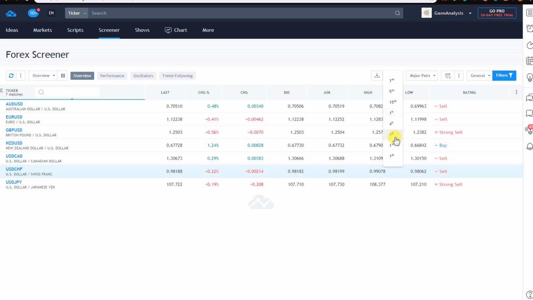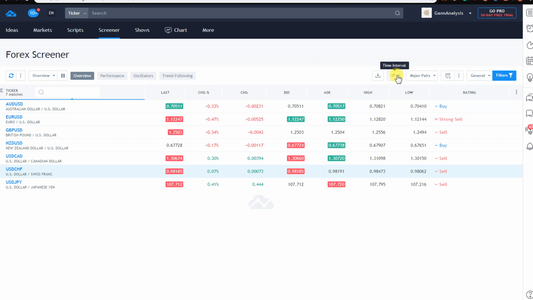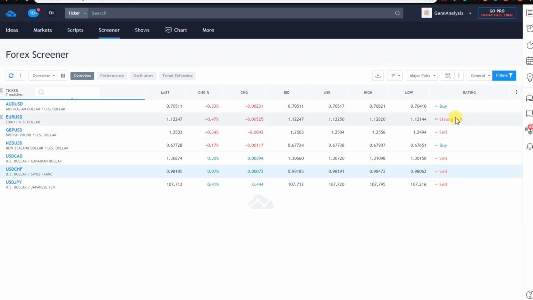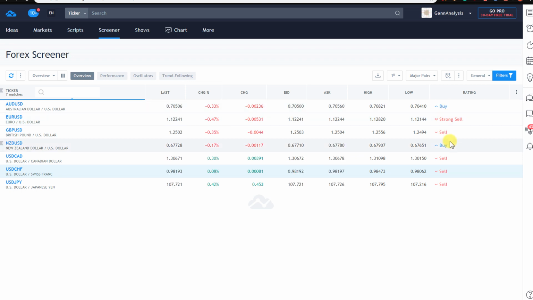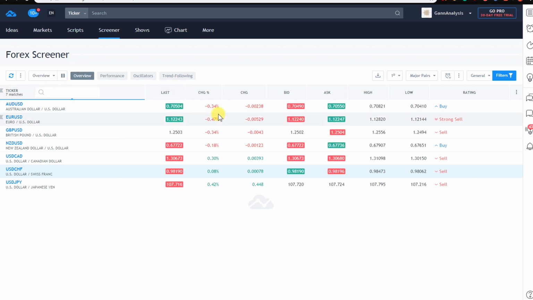Since I don't pay for the service, I only have daily, weekly, and monthly, which is fine. I like to trade the big trends. So on a daily, we see that the Euro has a strong sell, the Aussie has a buy, and the New Zealand dollar has a buy. This is an overview, pretty much summing it up.